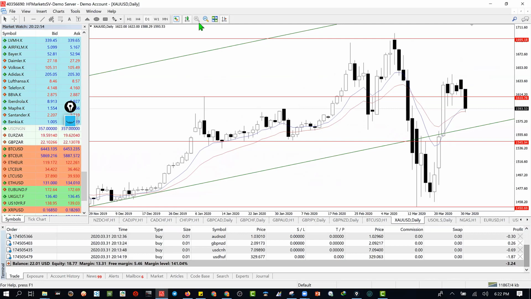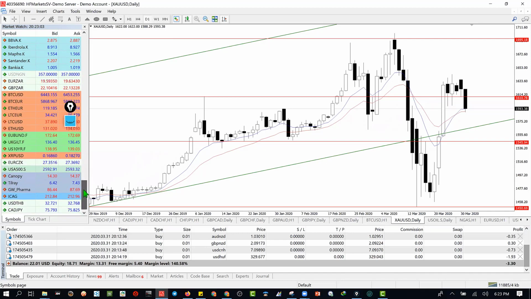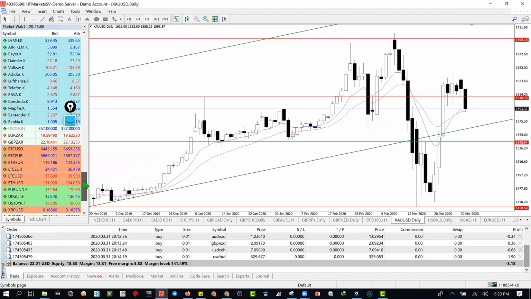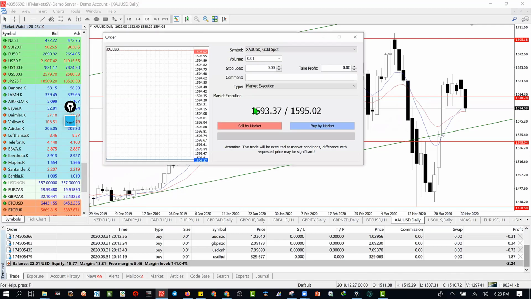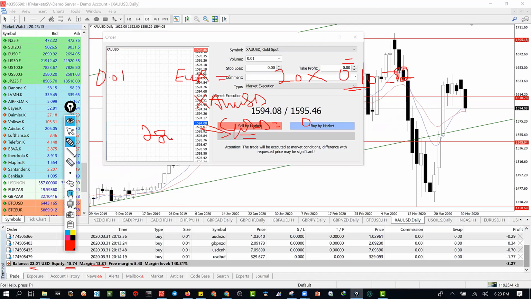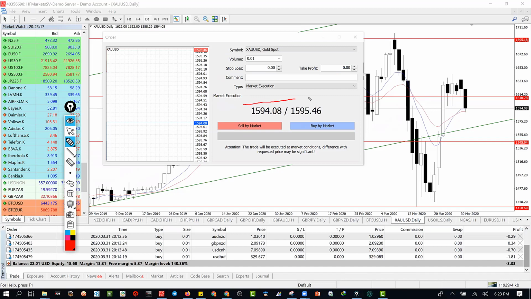Okay, now let's see the spread. This is the gold. Okay, try a new order on the gold. So all we need to do right now is subtract, get the difference right there, then multiply by this right here.